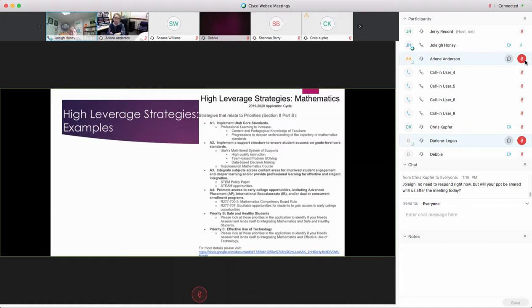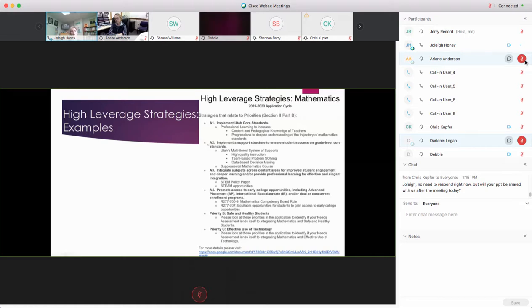So here's the mathematics example. Notice that we are talking about strategies that relate to Section 2, Part B. So A1 is implement Utah course standards. These are just samples, and they're just small, but they reference ways that you could consider using mathematics examples in your application.